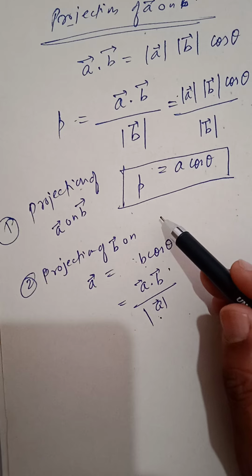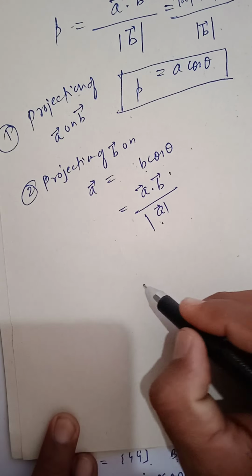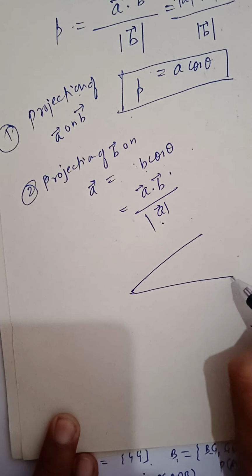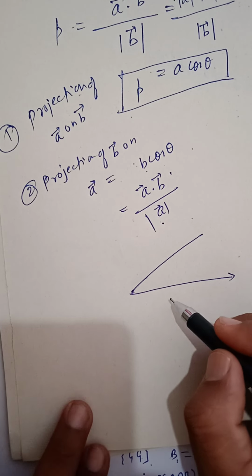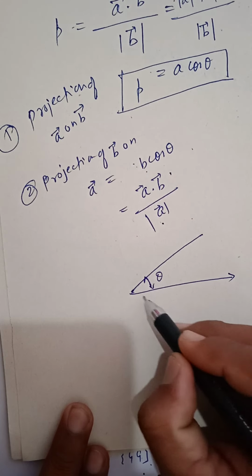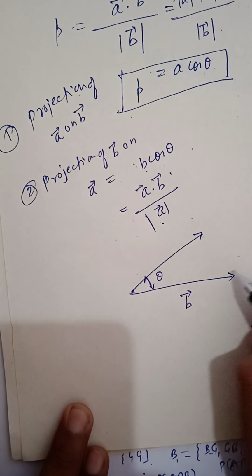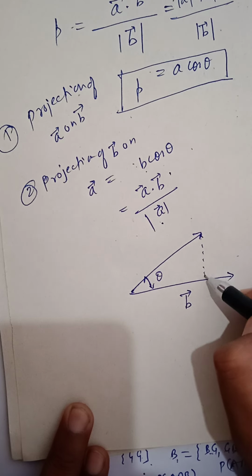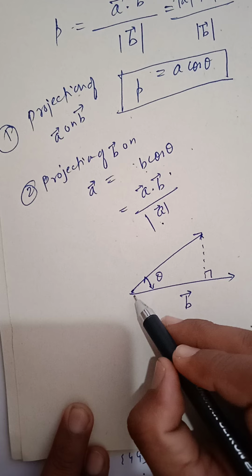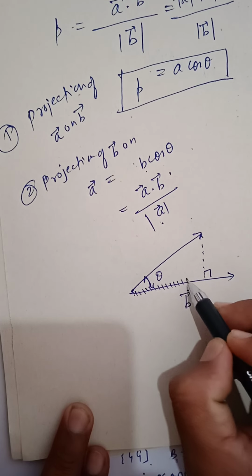How it is getting derived, you should understand one thing. Suppose this is vector A, and this is the angle between the two vectors, and this is vector B. If you want the projection of vector A on vector B, then you have to draw a perpendicular.